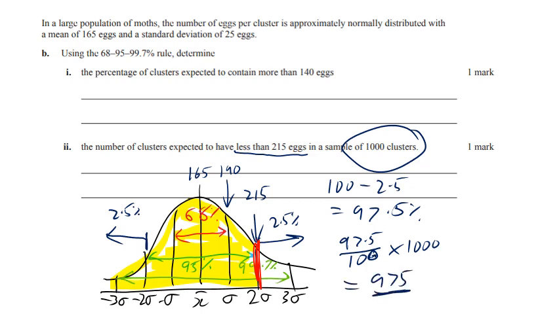So the answer, 975. There's no half a mark here, so you need to get the whole thing to get the 1 mark. So don't forget with these questions, it says the number of clusters, not the percentage of clusters. So if you give your answer percentage and not a number, you got it wrong, like half of people.